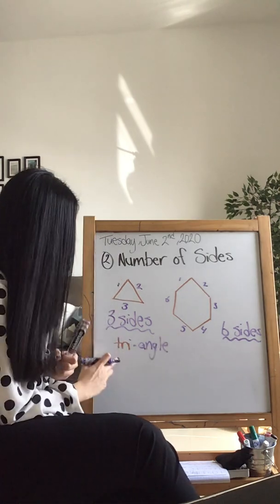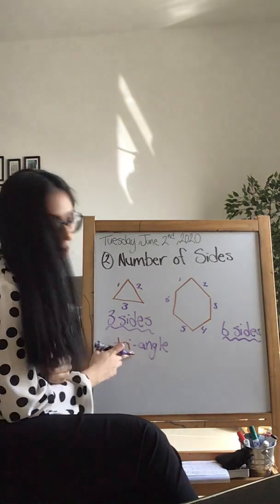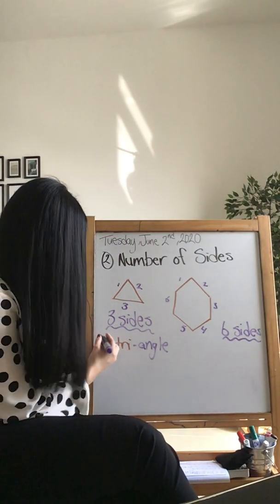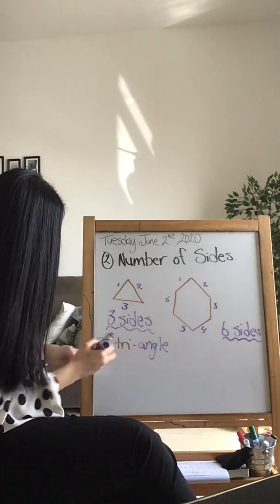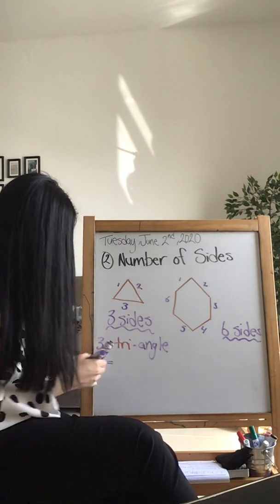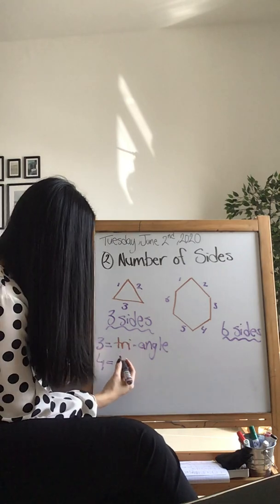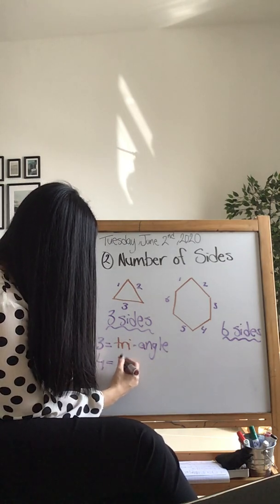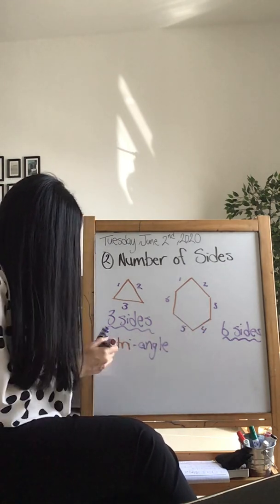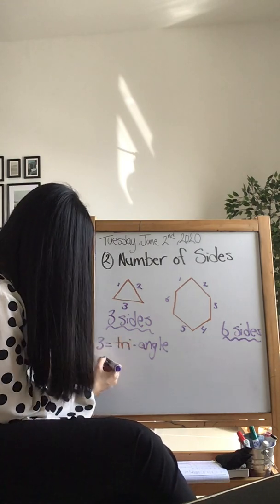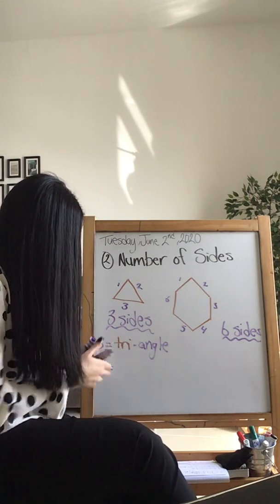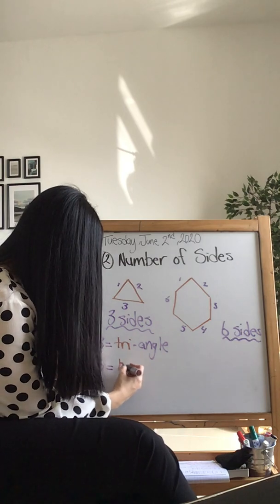The root word of triangle, T-R-I, means 3. If I have 4, I'm going to do this tomorrow, but I'm going to quickly mention it. I had 6, so 6 is a hexagon.